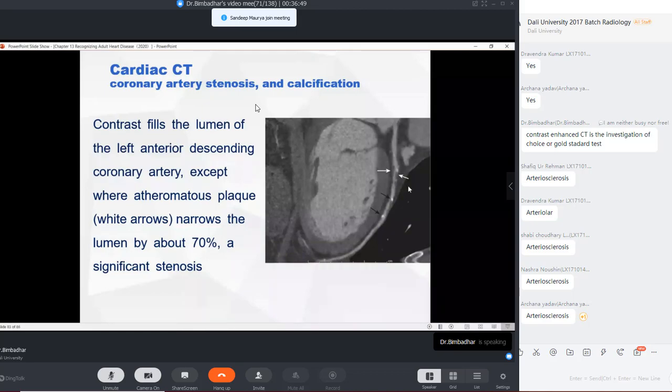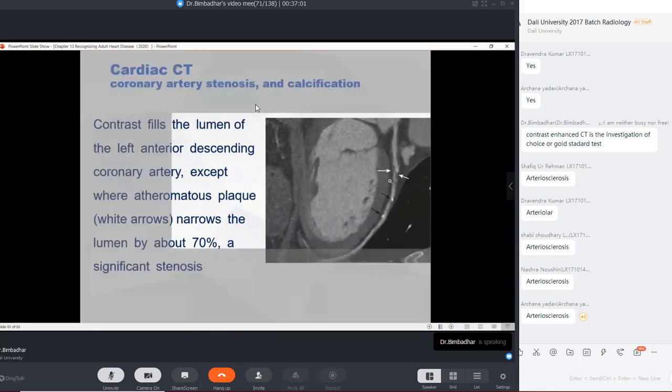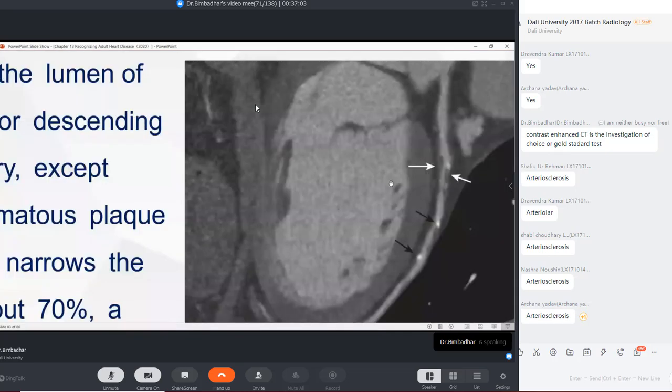Just one thing. I give contrast material, which should appear as a long tube. But now you see here, at some areas, it is appearing black. Did you appreciate it? If the lumen of this coronary artery is completely fine, there is no filling up by atherosclerotic plaques.